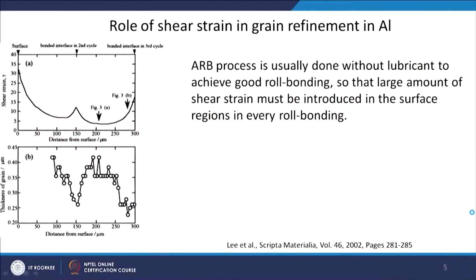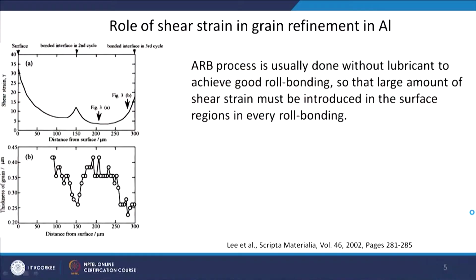And usually this particular technique is done without use of lubricant, so that you can have good roll bonding. By avoiding lubricant, what you are doing is you are introducing a lot of shear strain on the surface of the sheet which is coming in contact with the roll, and also there is a shear strain between the two layers.